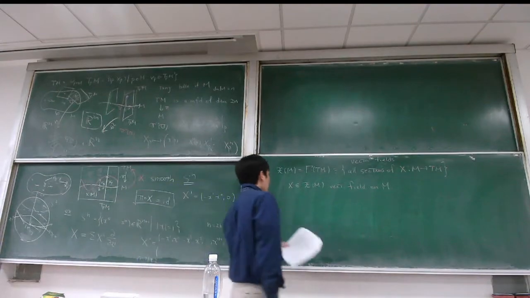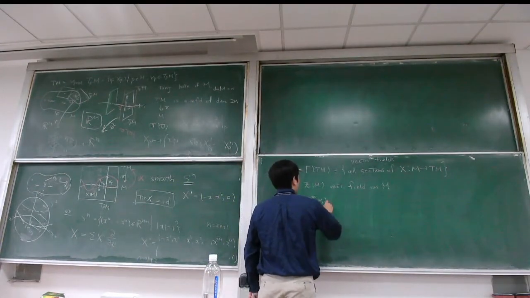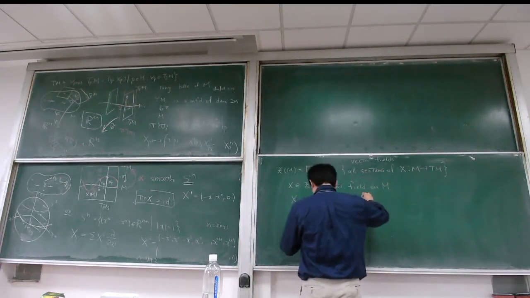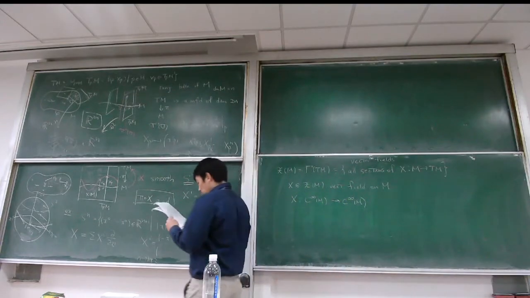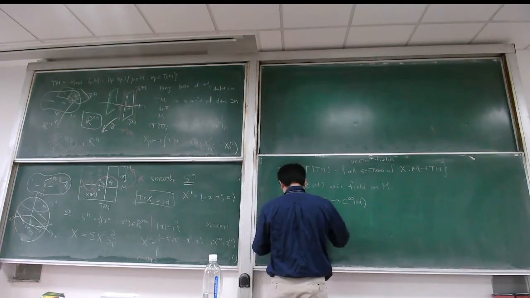X is a map from C infinity of M to C infinity of M. I think I'm correct here. Which satisfies the following condition: X of alpha F plus beta G.